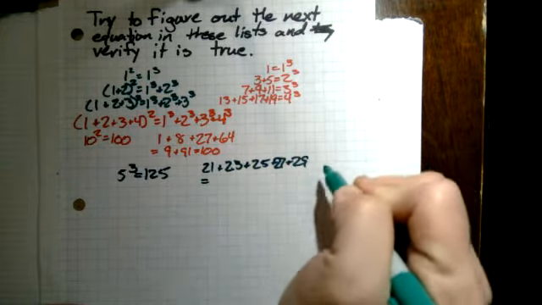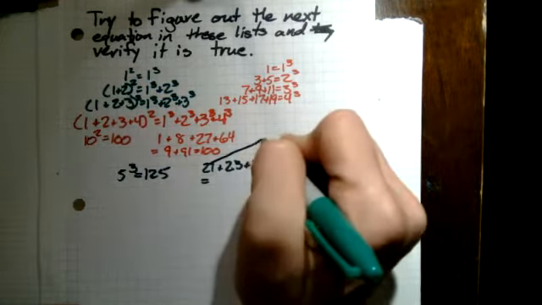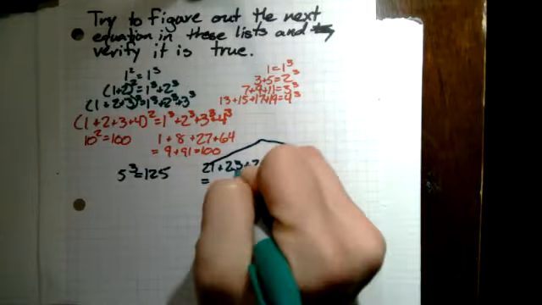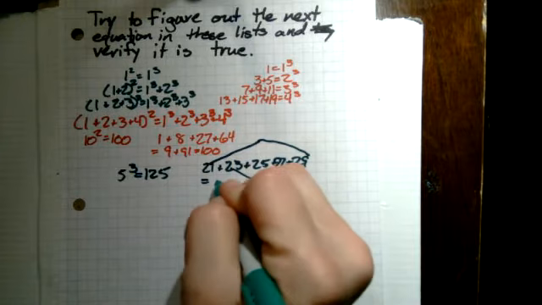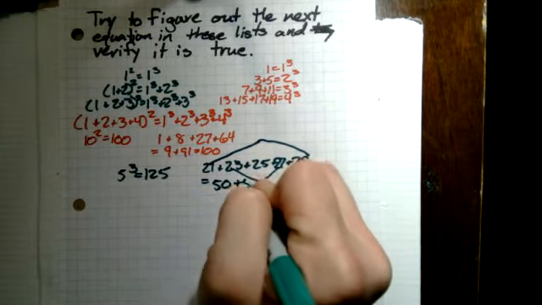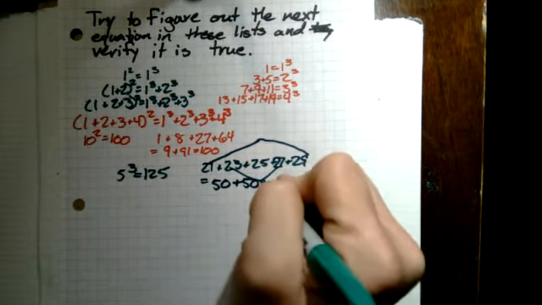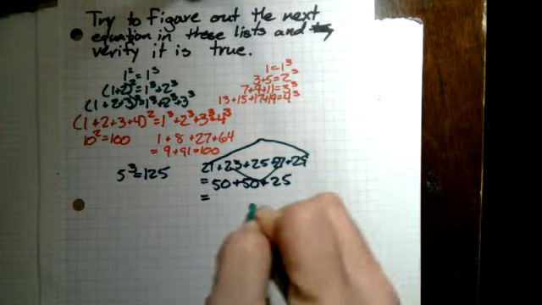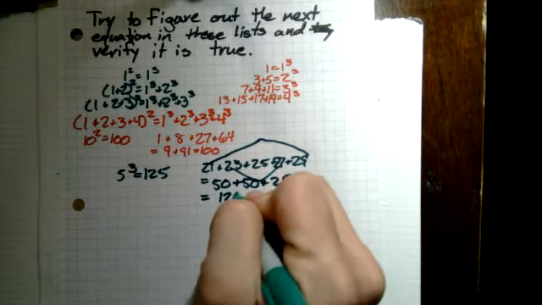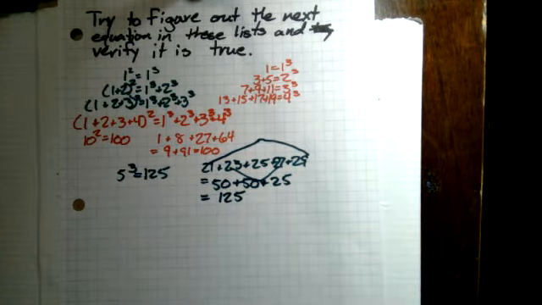One of the nice things about this is that we can add these 2 numbers and these 2 numbers, and each of those is going to add to 50. And then we're left with that 25, so we get 50 plus 50 is 100, plus 25 is 125. Those are also equal. We have verified the next equation in each case.